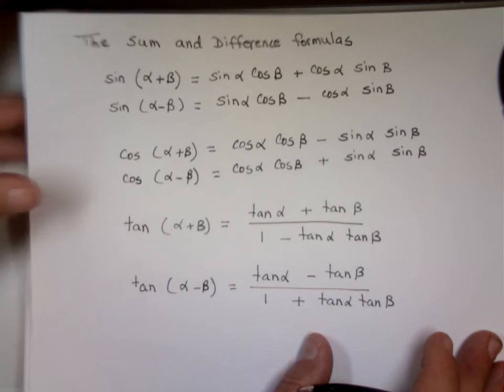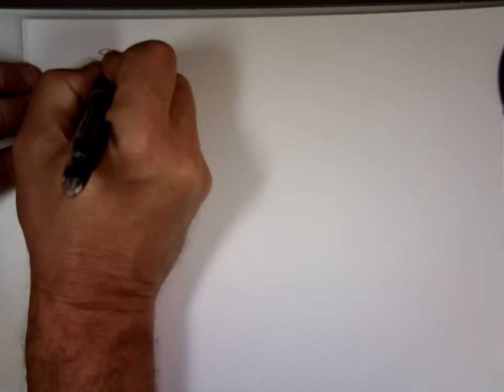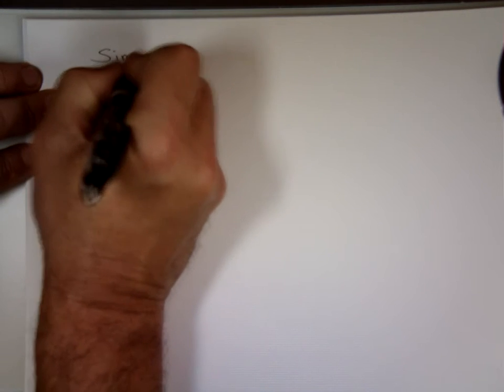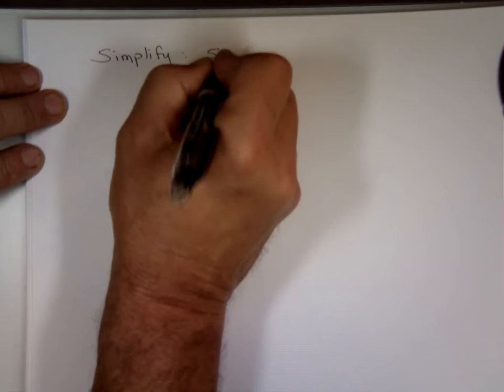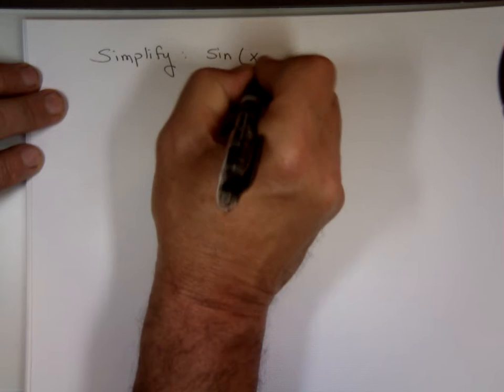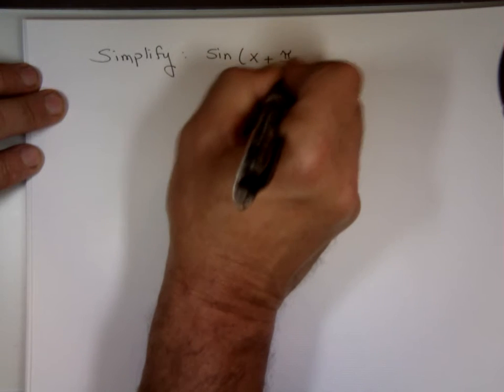So how do we use them? Where do we use them? I might ask you to simplify. Now you need the unit circle. Sine of x plus pi over 2.